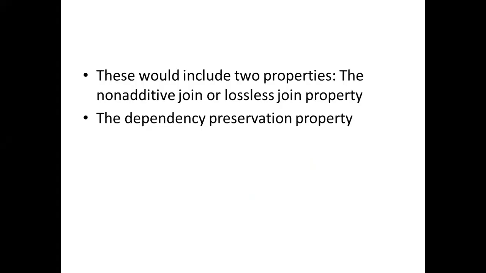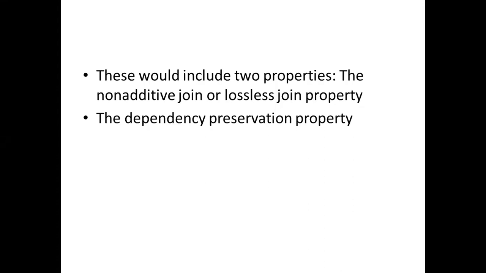If you are going to apply normalization, it also includes two more properties. One is the non-additive join or lossless join property. Means if we are joining any two tables, or if we are decomposing, means dividing the table into n number of tables, we should remember that there should not be any additional information, and it should not lose any information.